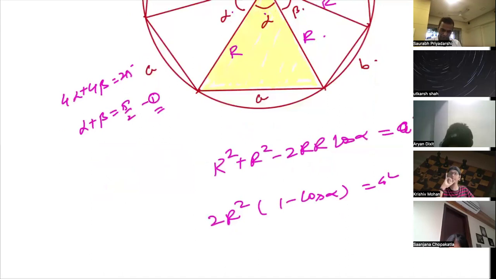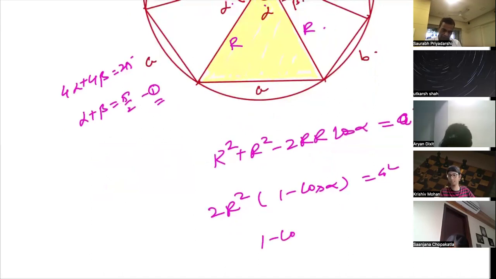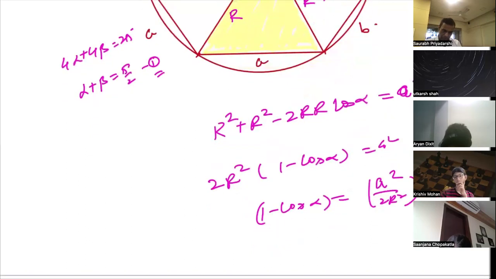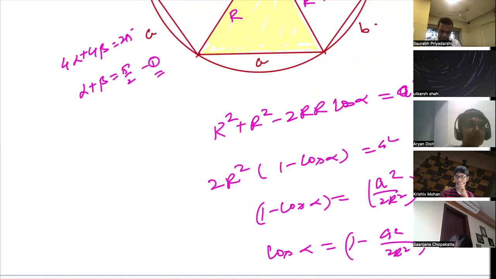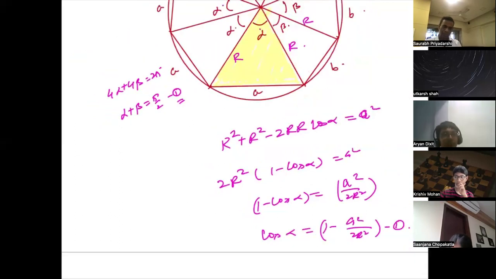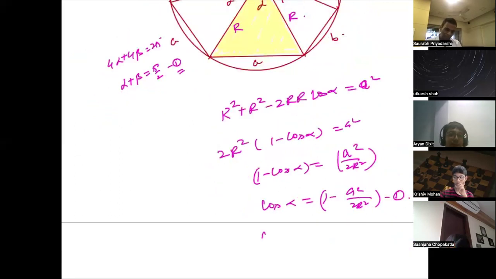So this is 1 minus cos alpha is equal to A square by 2R square, or cos alpha is equal to 1 minus A square by 2R square. Similarly, for B, I'll get cos beta is equal to 1 minus B square by 2R square. But since alpha plus beta is pi by 2, I can rewrite cos beta as sine alpha.